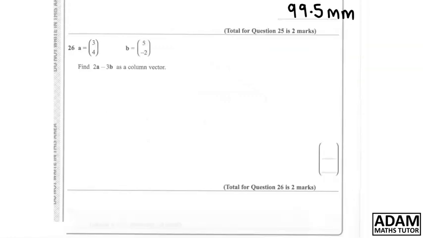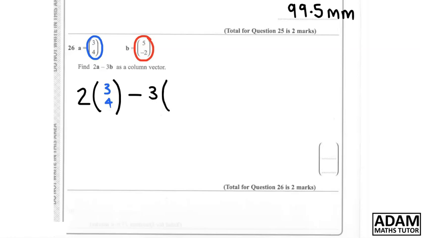Question 26. Find two lots of A, which is the column vector 3, 4, take away 3 lots of B, which is the column vector 5, negative 2. So we need to do 2 lots of 3, 4, and then I'm taking away 3 lots of 5, negative 2.